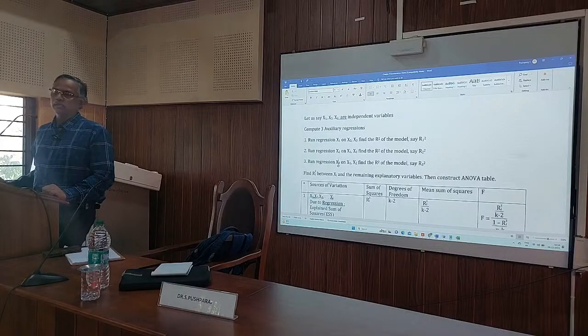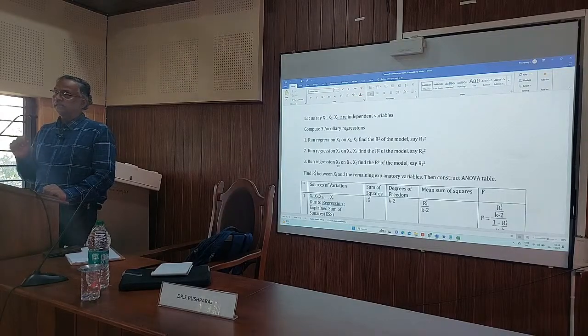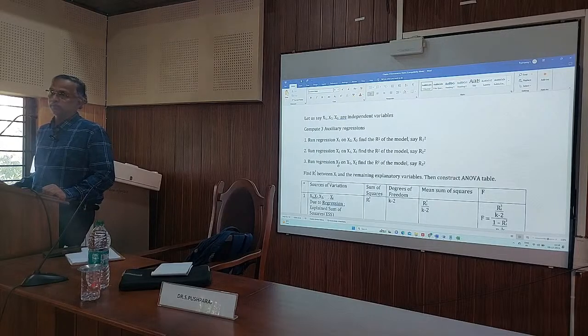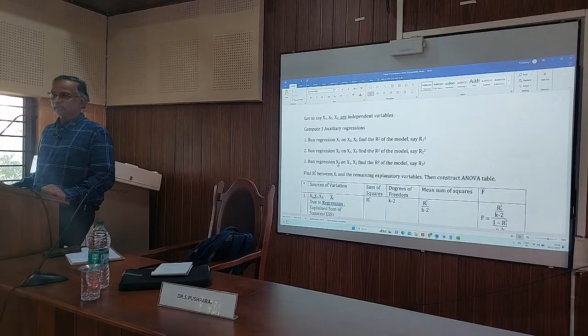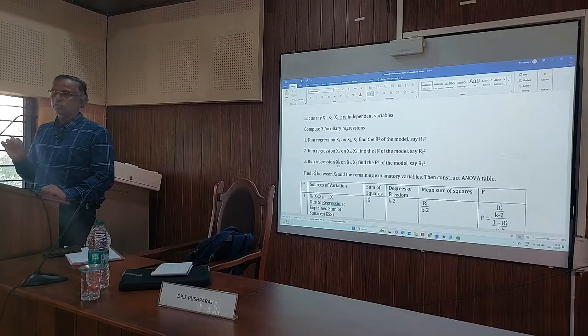One good thing about this Farrar-Glauber approach is that you can identify the source of multicollinearity. In other tests, you will not have the exact source; where the multicollinearity problem really arises will not be very specific. But in this case, you can see the source of the problem.